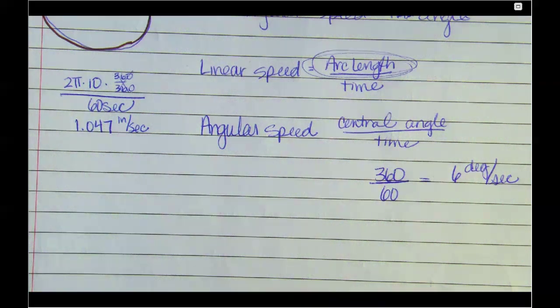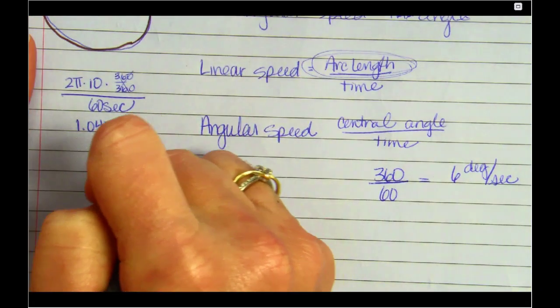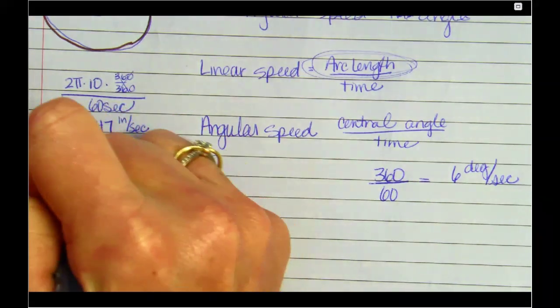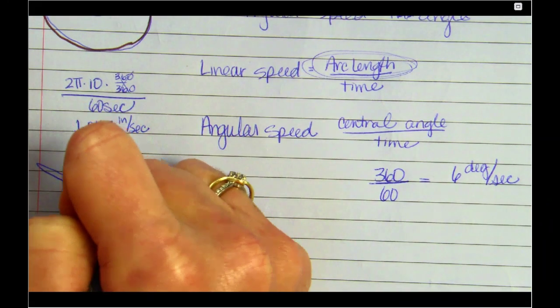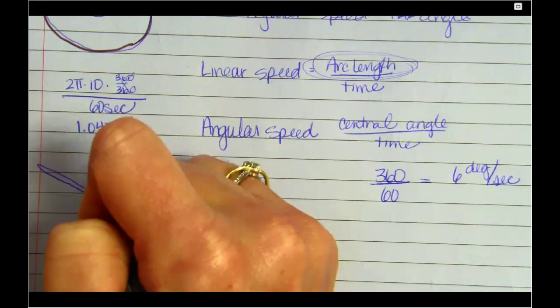Okay, so let me give you one that's a little bit different here. Let's not do a clock. A clock's always 60 seconds, which is kind of boring. So let's say you've got a big wind turbine. Right, so they look like that.